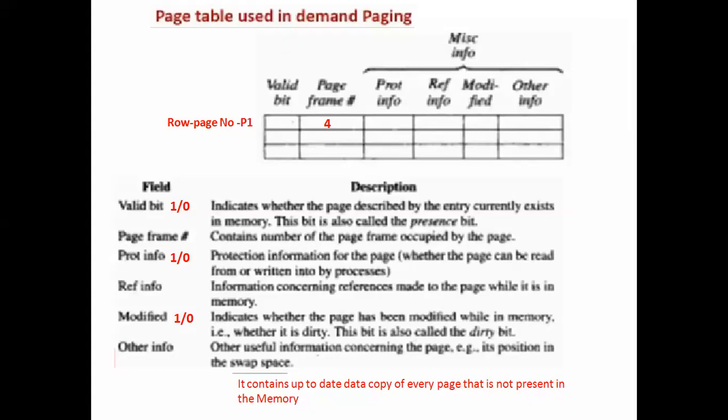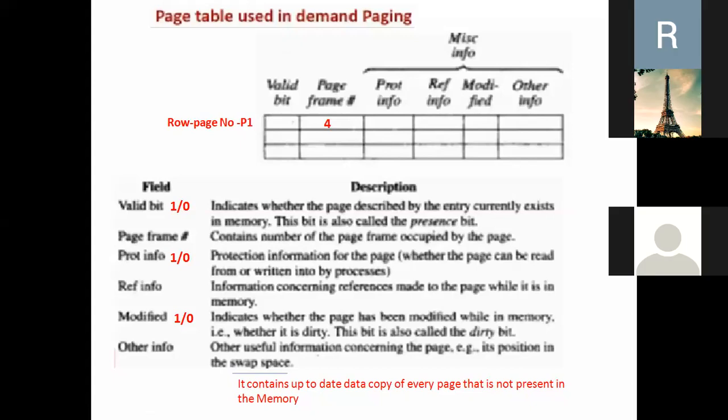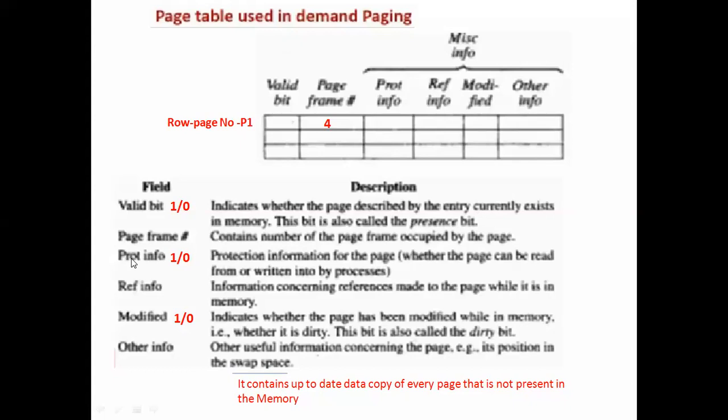We can have control over the modification that can be done on the page, and as a user I can restrict any sort of modification. For example, I can protect my file from writing or from reading. Exactly similar to that, we have this protection information bit where we can protect in terms of reading and writing aspects.